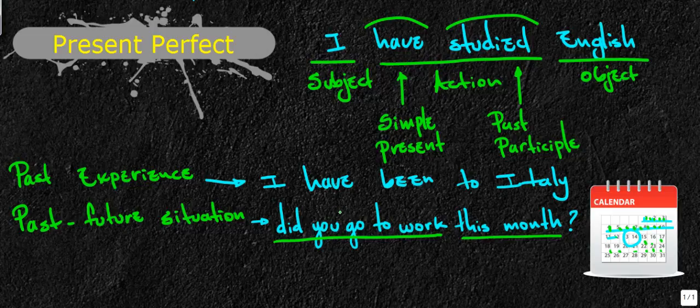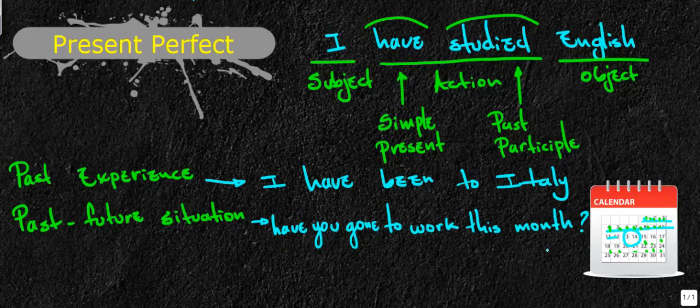We have a simple past question mixed with a past and future expression. So this sentence is actually incorrect. I should not say, did you go to work this month? What I have to do is I would have to substitute the simple past question and transform it into present perfect. So the question really should be, have you gone to work this month?